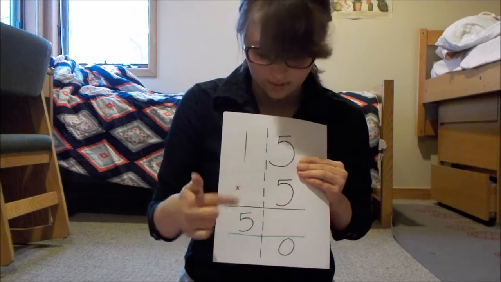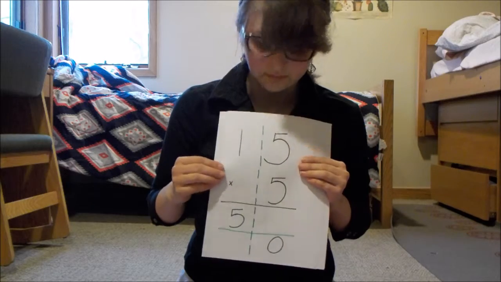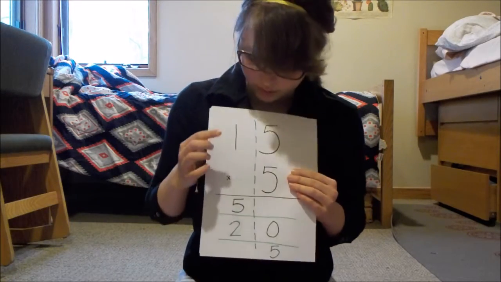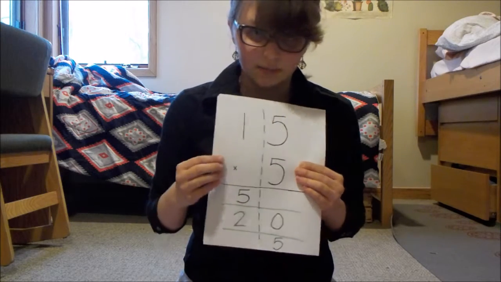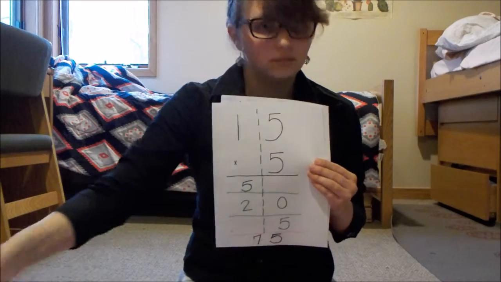So 10 times 5 is 50, making sure to use drop step. Then we move on to 5 times 5 to get 25, including the drop step. See, just as we did last time, only the numbers switched around.